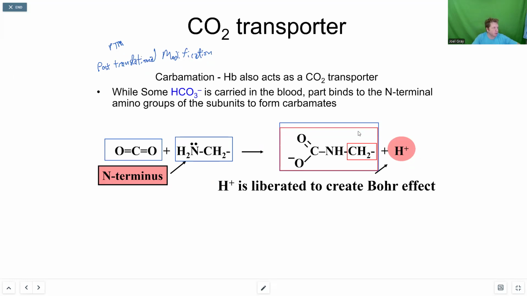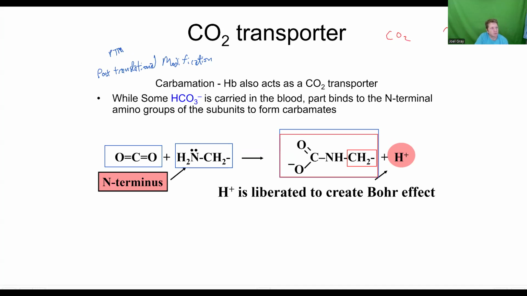The way that I think is helpful to think about it is we have CO2, CO2. One CO2 will go through the fate of carbonic anhydrase. That carbonic anhydrase will give us HCO3. That goes into the bloodstream. And then this statement up here, well, some HCO3 is carried in the blood.